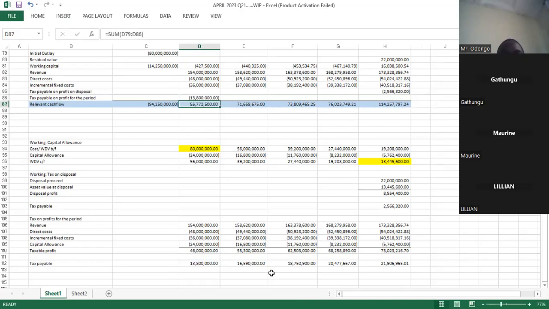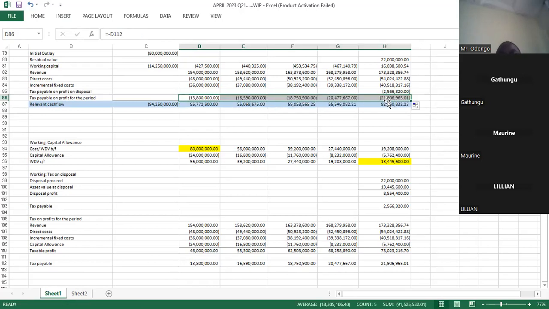Remember that that's taxation that we shall pay, so you have to make it a negative cash flow. And then in the same manner, I will have it for period number 2 to period number 5.